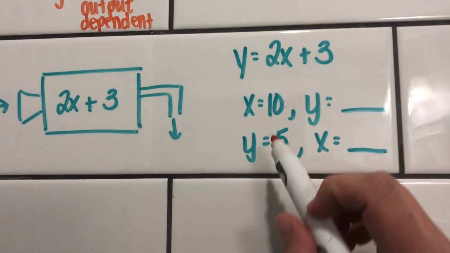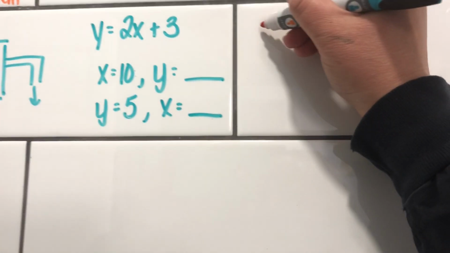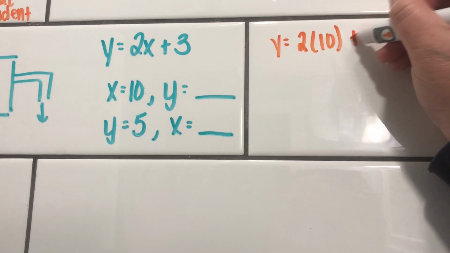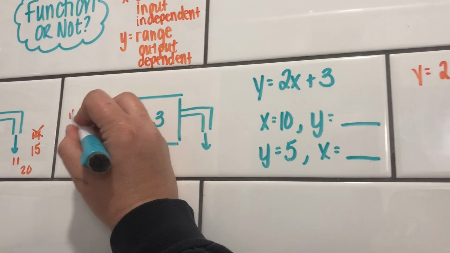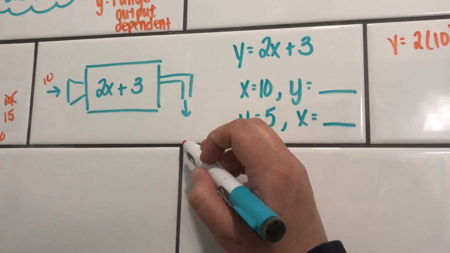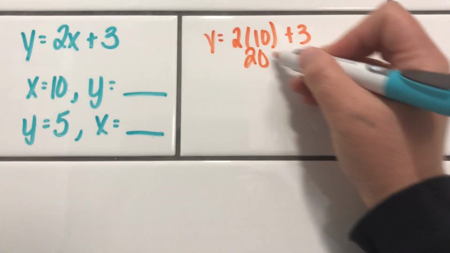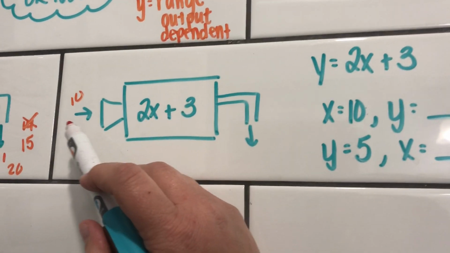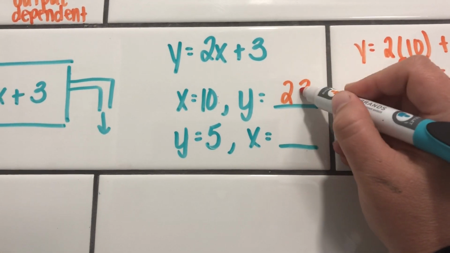So for example, if I told you x is 10, I'm going to set up my equation, y equals 2 times 10 plus 3, according to this rule over here. So I'm putting in a 10. I want to see what's going to pop out using this rule. 2 times 10 is 20, plus 3 is 23. So according to this function rule, when I put in a 10, a 23 pops out.